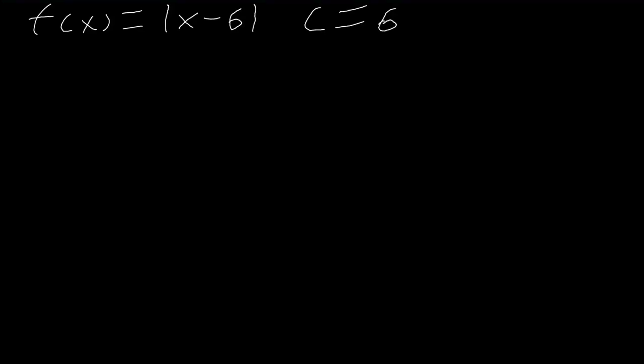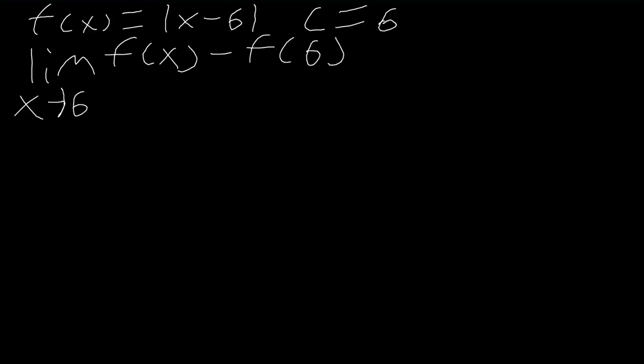Okay, so let's just write out the formula again. So it's the limit as x approaches c, but c equals 6, so the limit as x approaches 6 of f of x minus f of c, where c is 6, over x minus c, where c is 6 again.